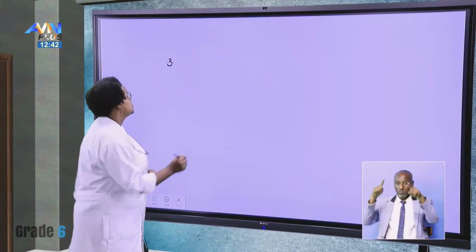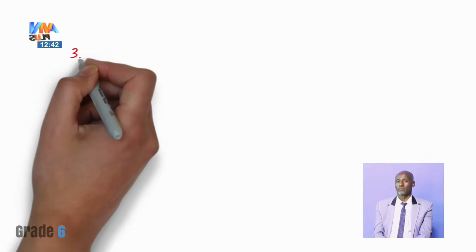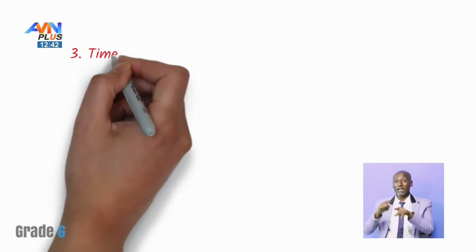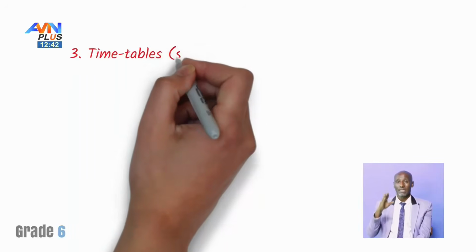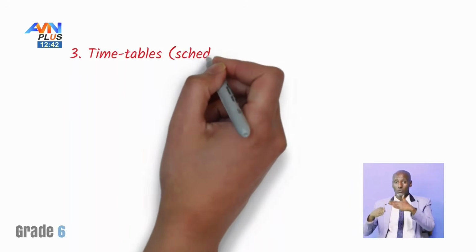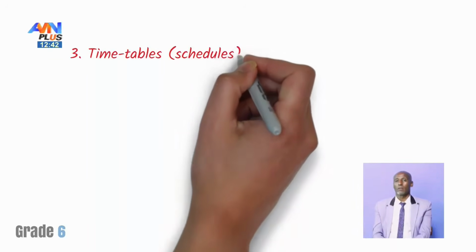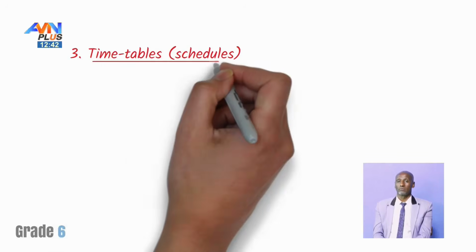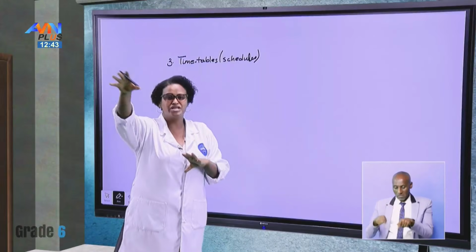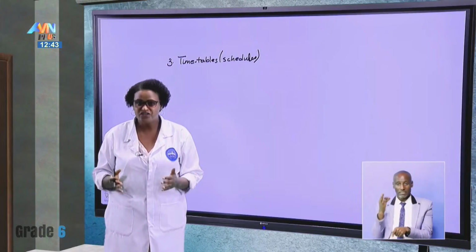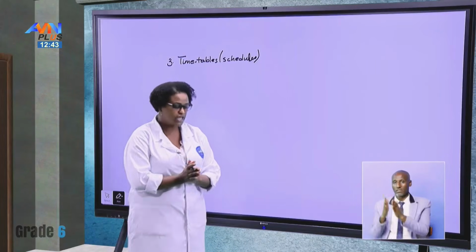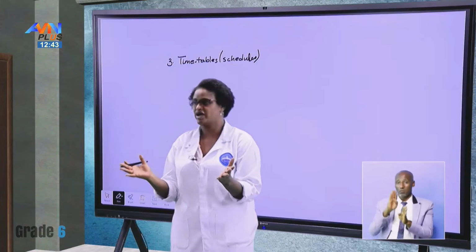All right? Look, we use it for timetables. Timetables. Or what we call schedules. Schedules means what? It can be either a present situation or in the past. It doesn't matter. But if it is a schedule, for example, we have schedules on bus stations, all right?